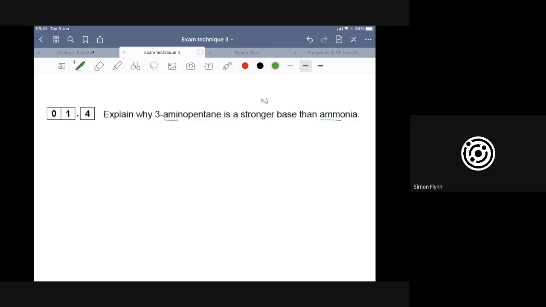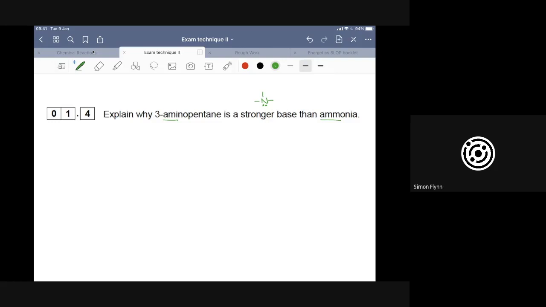You need to recognize this nitrogen, and you have to recognize that the thing that gives that nitrogen its basic qualities is the fact that it can accept a proton, and that's because of the lone pair. In any of these molecules in organic chemistry which have nitrogen, it's all about the lone pair, right? You've got to have that lone pair. And you think about the fact that it's got 3 bonds.